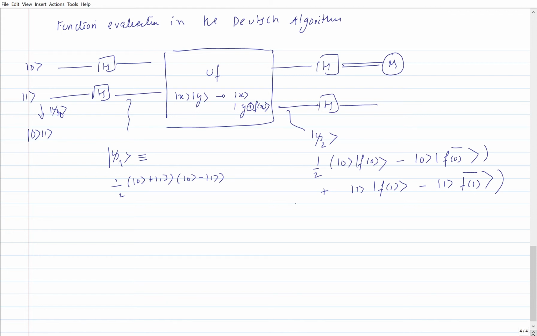So we can see the cases when f0 and f1 were 0, that's your case 1. Case 2 is when it's a balanced function, f0 equals 0, f1 equals 1.